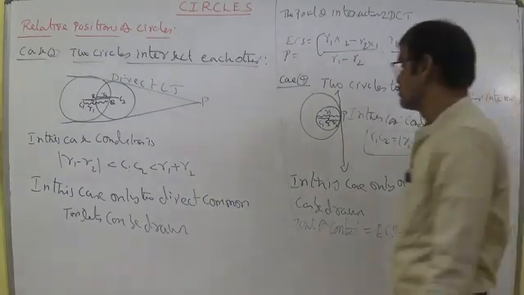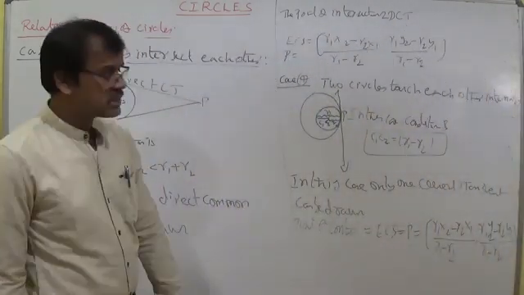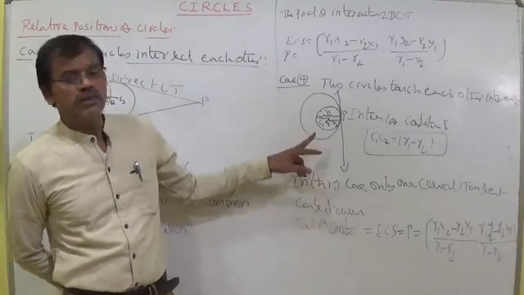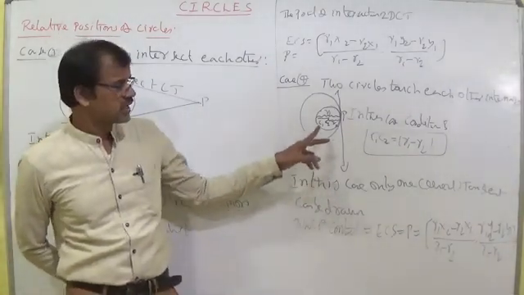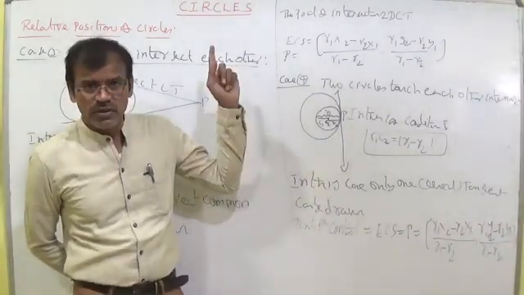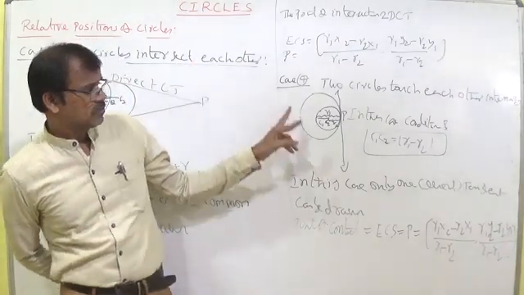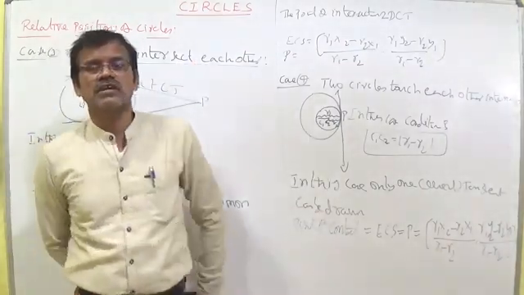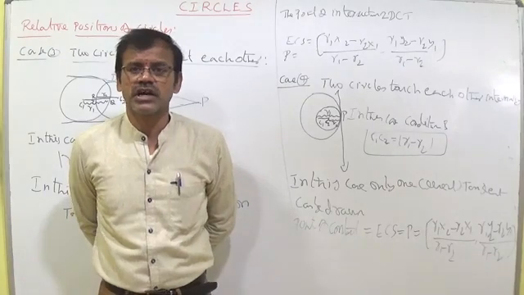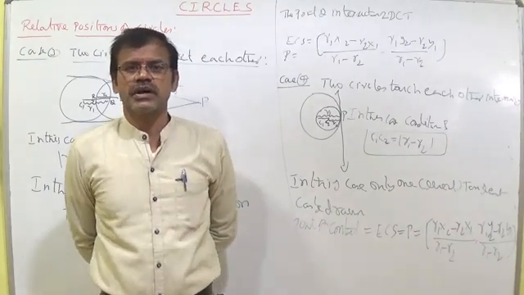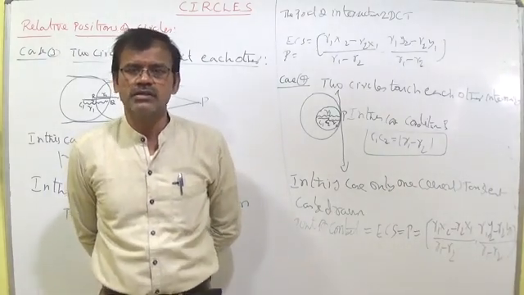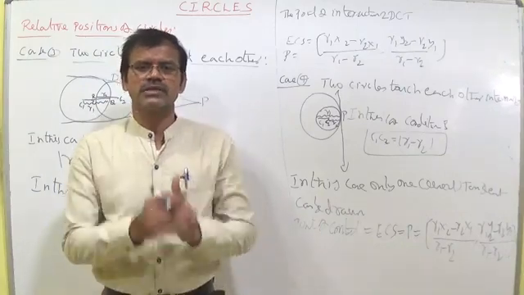That's all. So now observe, once again I am telling you: if two circles touch each other externally, to find the point of contact we should calculate ICS, because the point of contact will be in the middle of the circles.